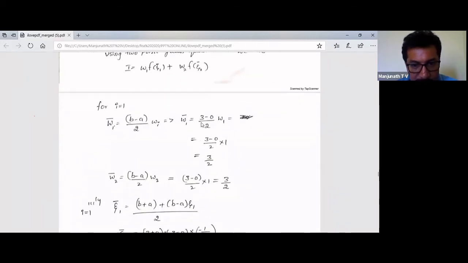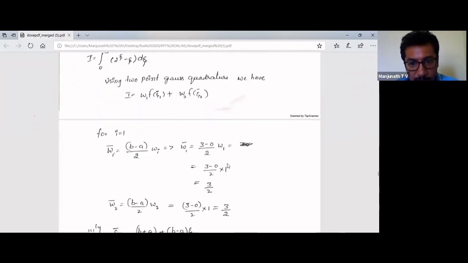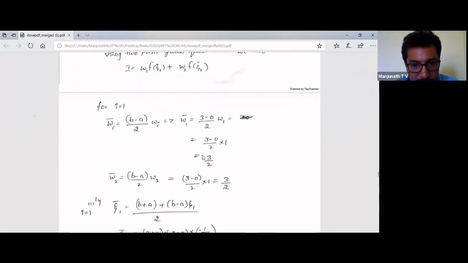So B is 3 minus A is 0 divided by 2 into Wi, here I equal to 1, so that is W1. Then W1 dash is equal to (3 minus 0) divided by 2 into the W1 value, which we are going to consider for the 2-point formula as 1. So that gives W1 dash which is equal to 3 by 2.